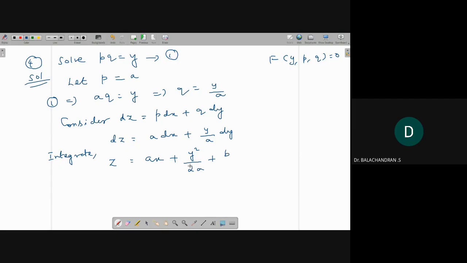Okay, so this is the complete solution of equation 1.